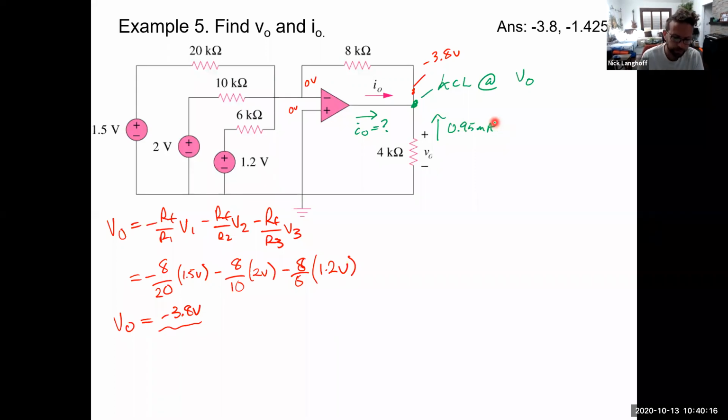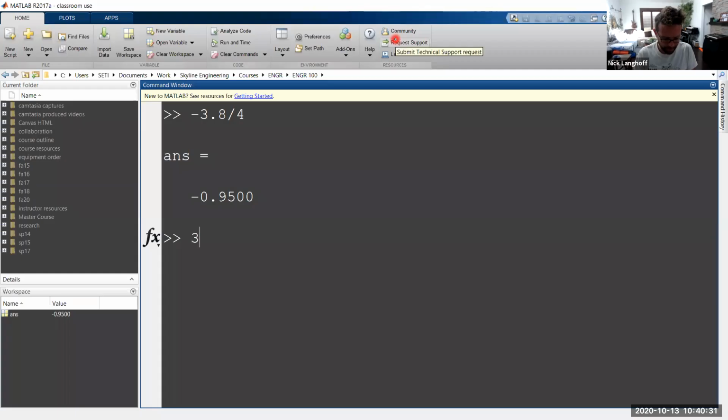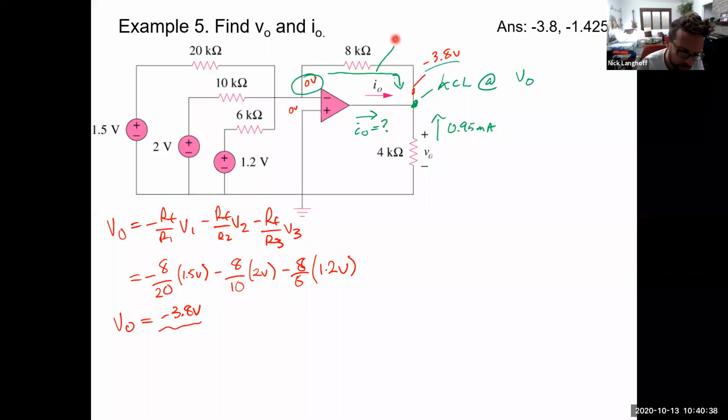There's also going to be current flowing through the 8K from 0 volts, going from 0 volts down to a negative voltage. So that current is 3.8 volts over 8 kilo ohms, which is 0.475 milliamps. And notice that both of those are feeding into that junction.